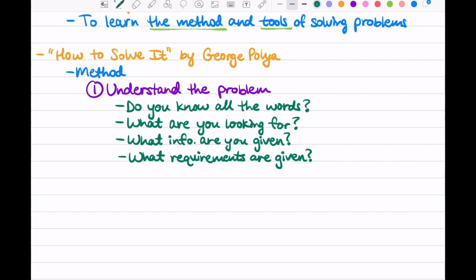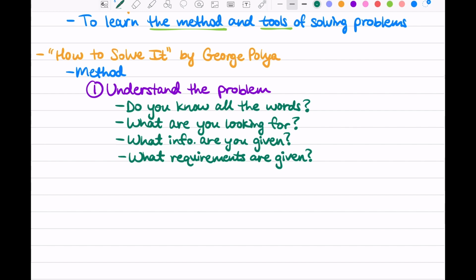So these 4 questions here are very important to answer one at a time, and answering them helps you understand the problem. It'll make it a lot quicker to get to the right answer. If you don't have a good understanding of the problem and you go straight into trying to solve it, you're likely going to struggle or end up with the wrong answer.